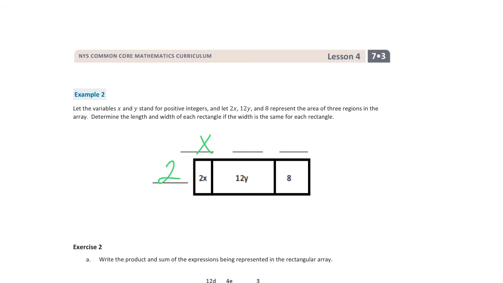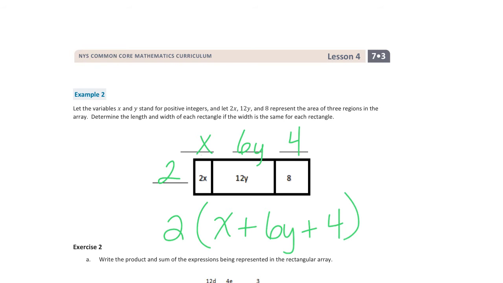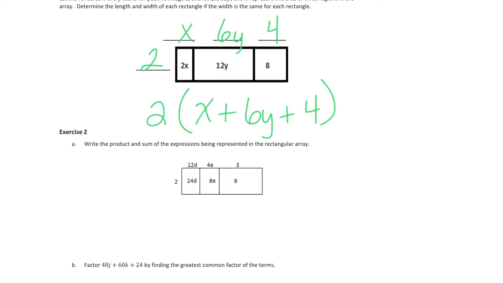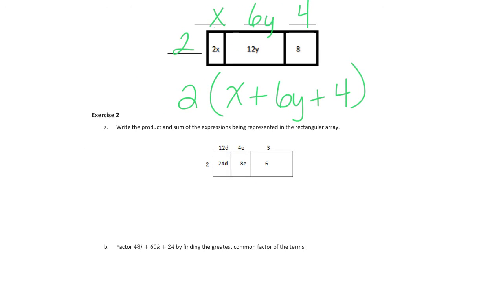And that gives me x there, 6y there, and 4 here. So 2 times x plus 6y plus 4. And these strategies are going to be really important in math next year.